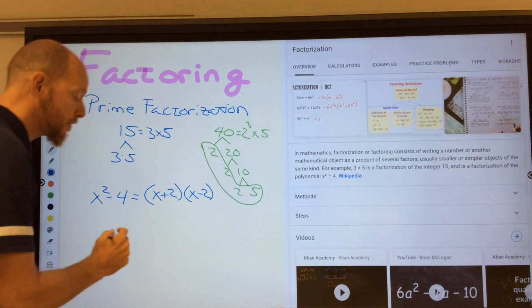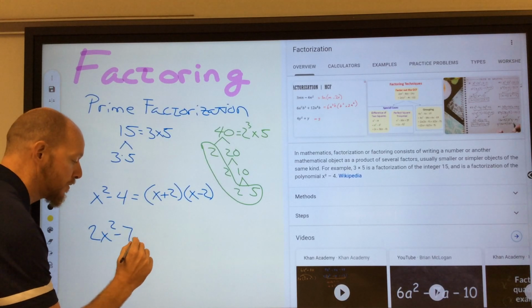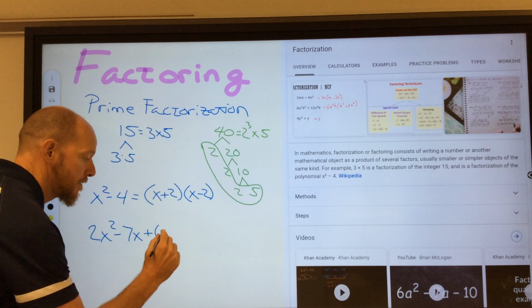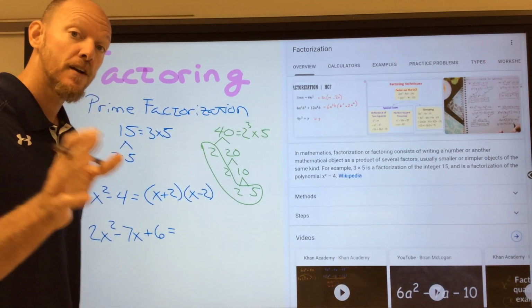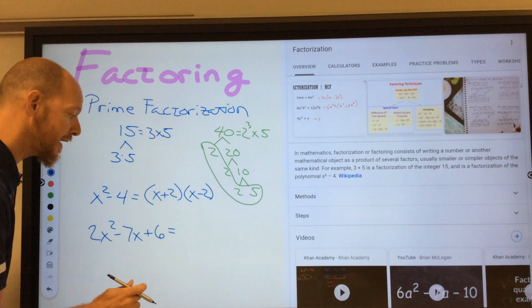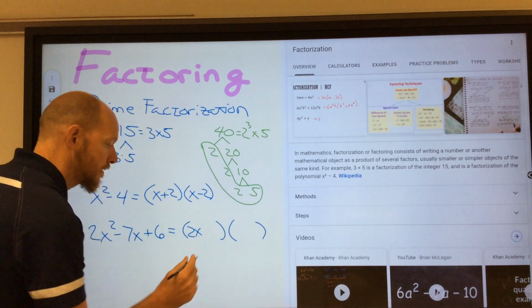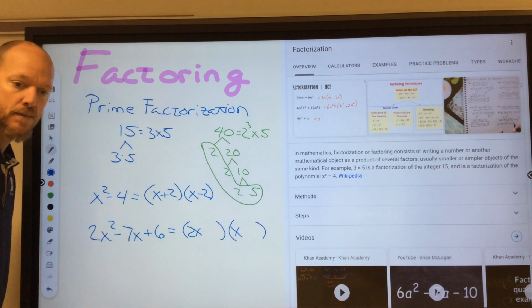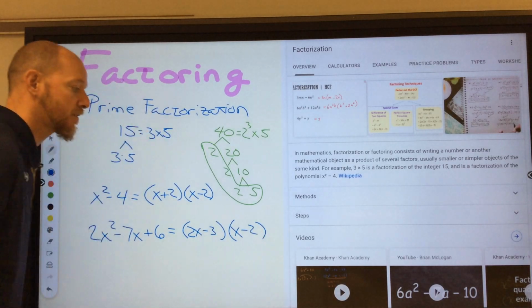Furthermore, something you're going to be able to do by the end of this unit is take a quadratic of the form 2x squared minus 7x plus 6. And you're going to realize that I can actually rewrite this as 2x minus 3 times x minus 2.